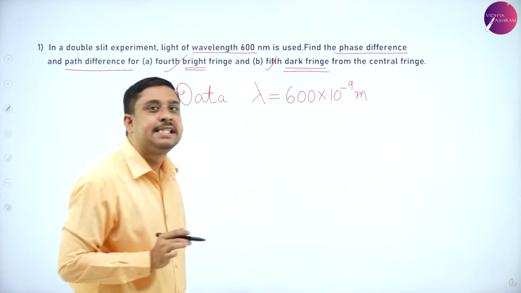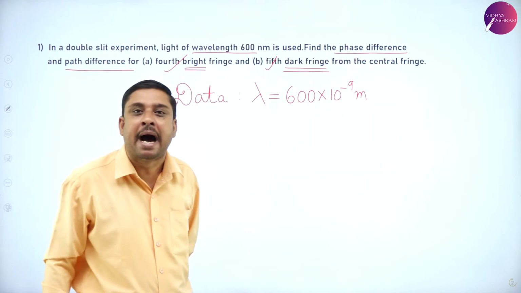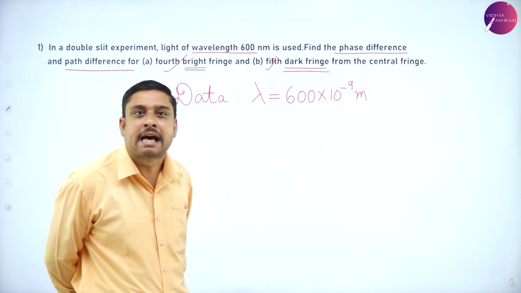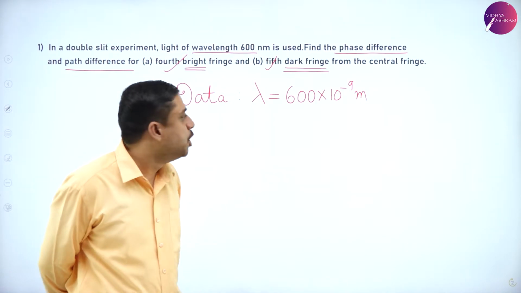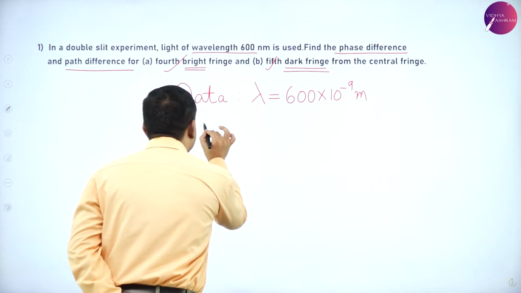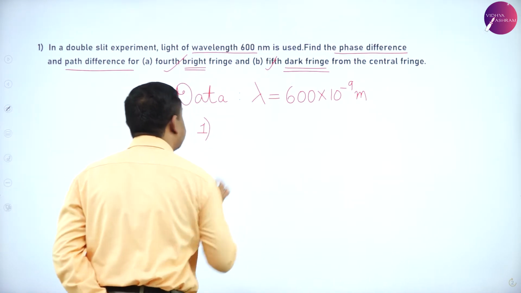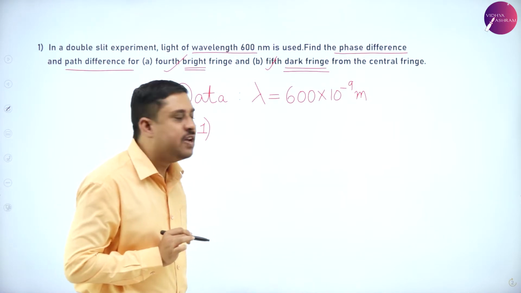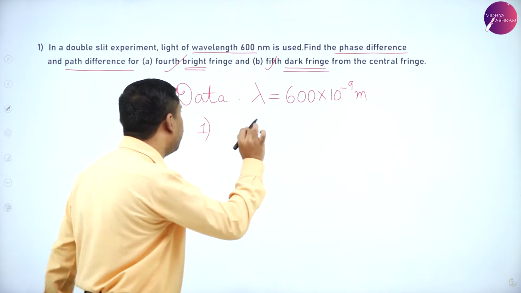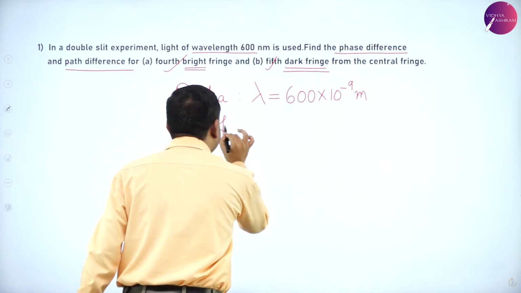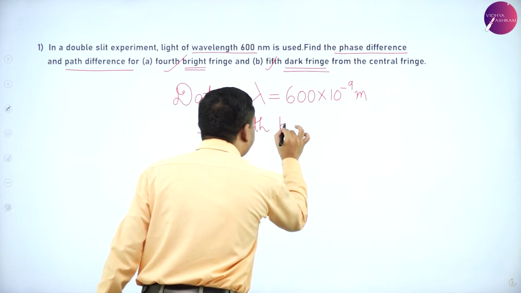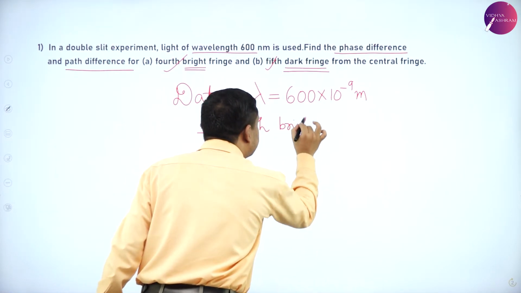Nano is 10 power minus 9. So in the first case, I will consider the fourth bright fringe.